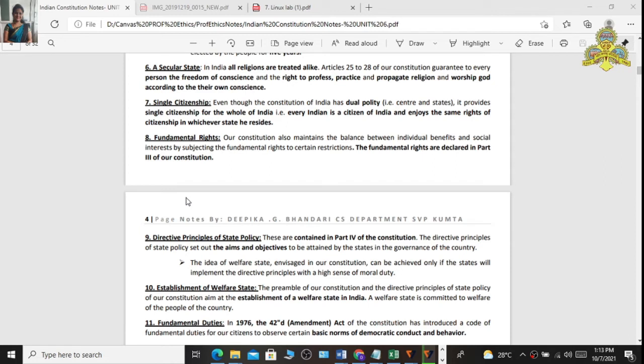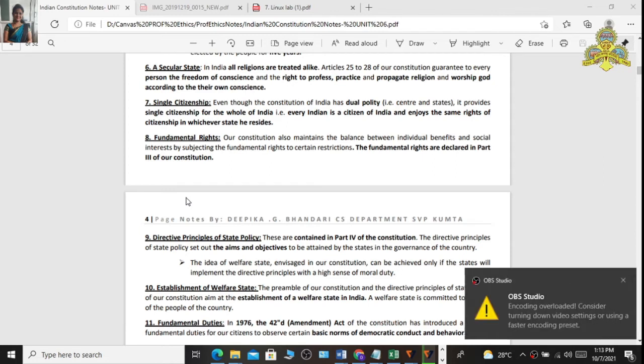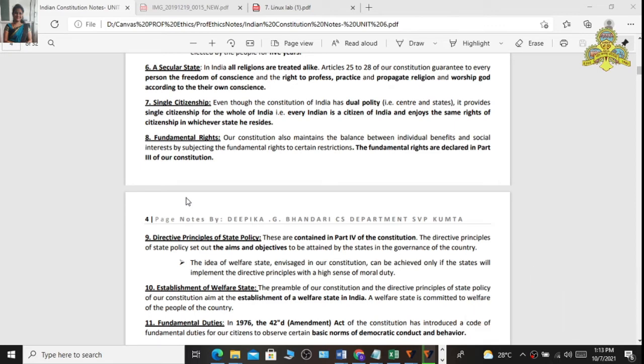One more feature is the fundamental rights. Our Indian constitution called as fundamental rights. Fundamental rights ಅಂದ್ರೆ ಮೂಲಭೂತ ಹಕ್ಕುಗಳು. These fundamental rights contains different rights such as right of life, right of freedom, right against exploitation, cultural rights, as well as religion rights, right to constitute different remedies, etc. These fundamental rights are declared in Part 3 of our Indian Constitution.